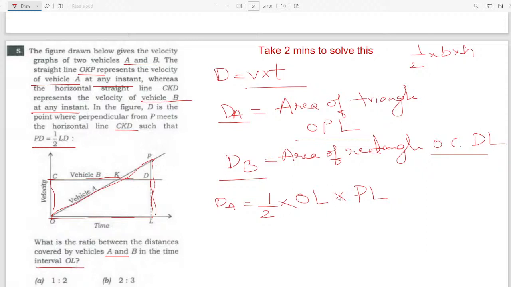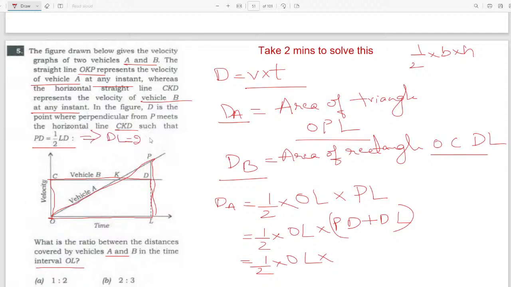Okay, so I'll convert PL into PD. So DA is half into OL into PL. PL is equal to PD plus DL, and DL is equal to 2 into PD.